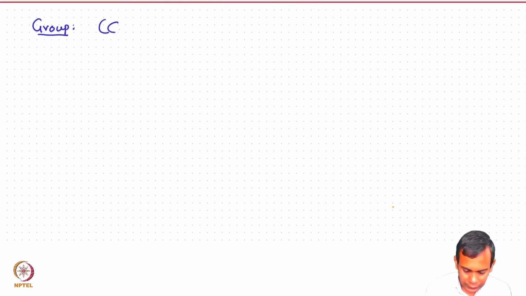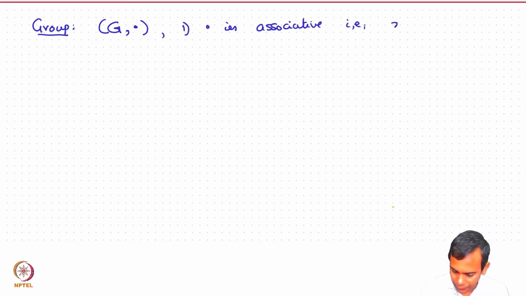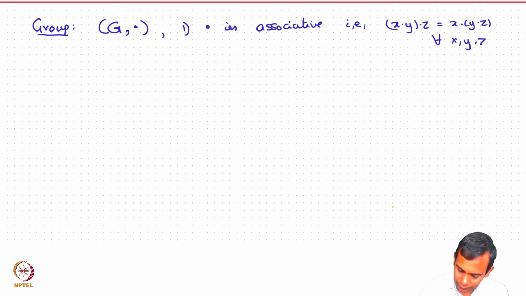It is a set G together with a binary operation dot, such that dot is associative, i.e. X dot Y dot Z is equal to X dot Y dot Z for all X, Y, Z in G.